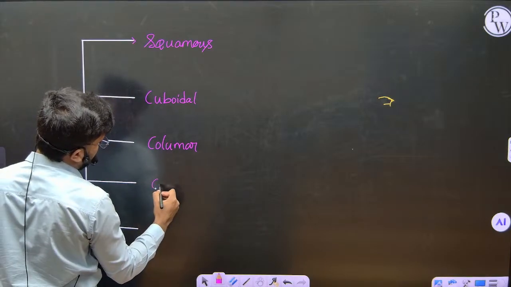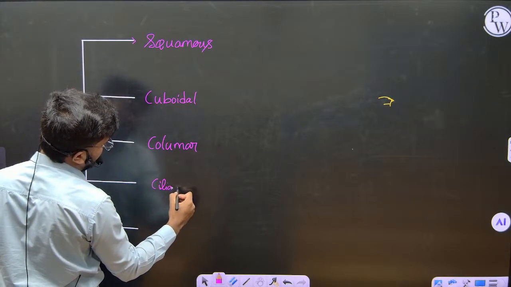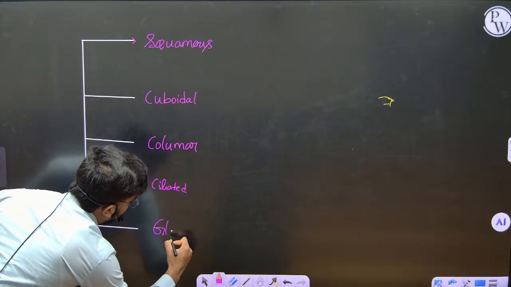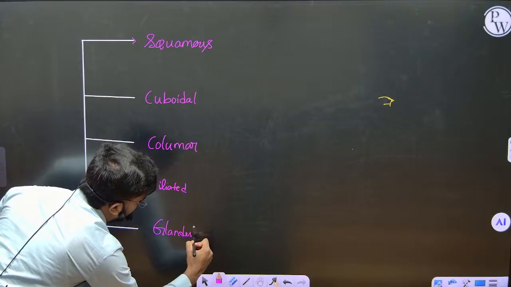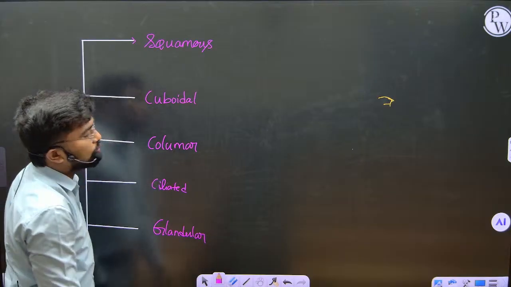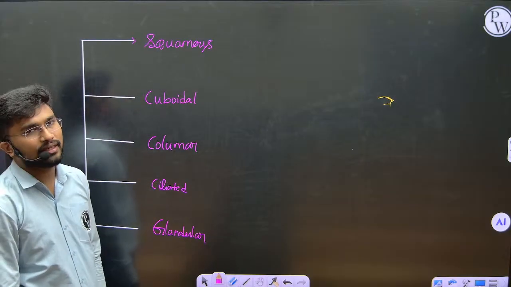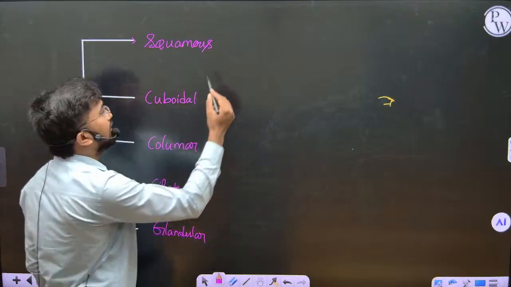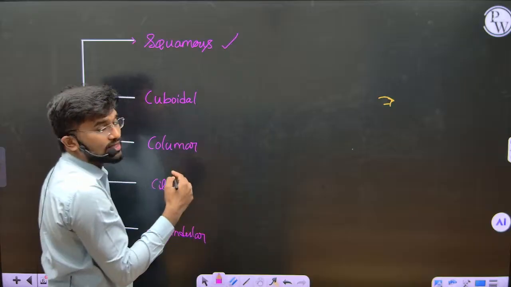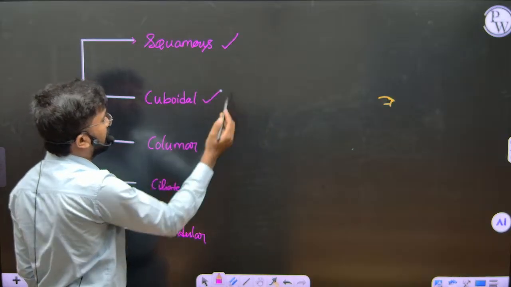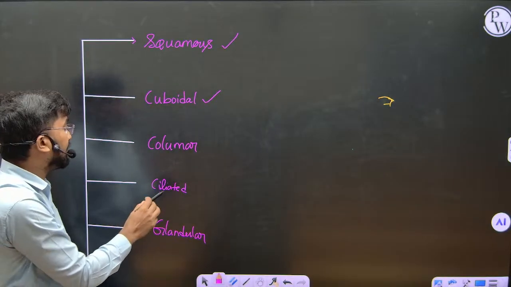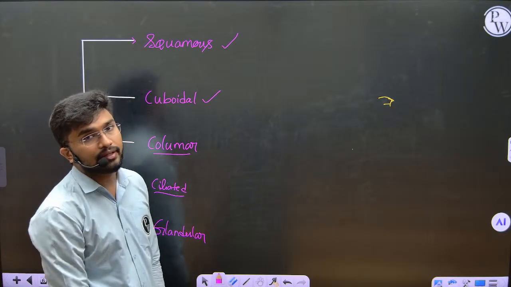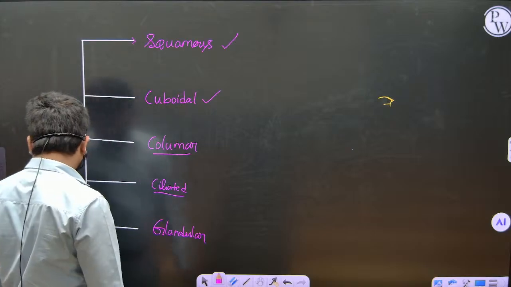Fourth, ciliated. Fifth, glandular. And sixth, pseudostratified epithelium. We will see all these epithelia. Last class we completed squamous epithelium as well as cuboidal epithelium. Today we are going to study columnar epithelium, ciliated epithelium, and glandular epithelium. Got it? Okay, let us start.